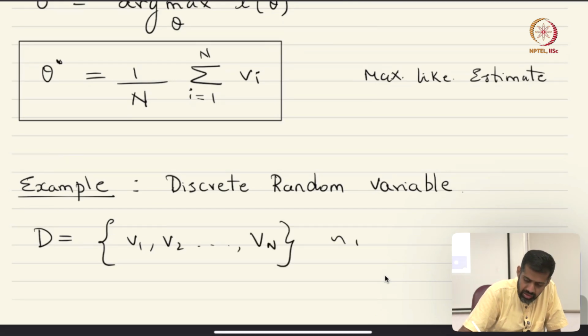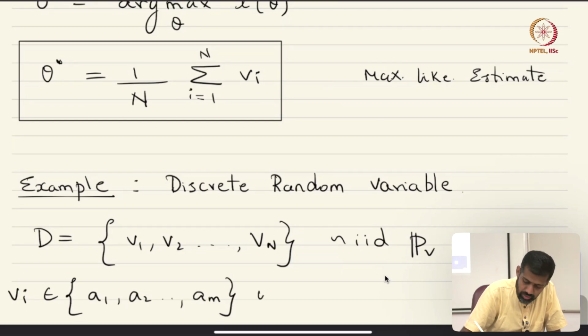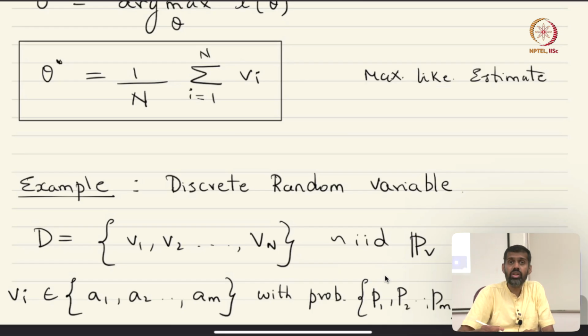This is sampled IID from PV, where every Vi, so please observe this, can take values A1, A2 up to Am with probabilities P1, P2 up to Pm. So this is the general case of any discrete random variable. See, every discrete random variable can be modeled like this.